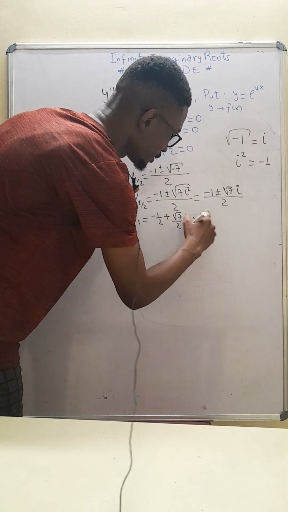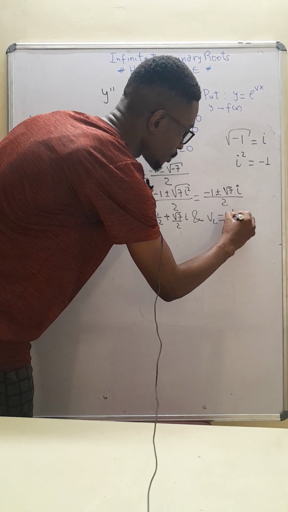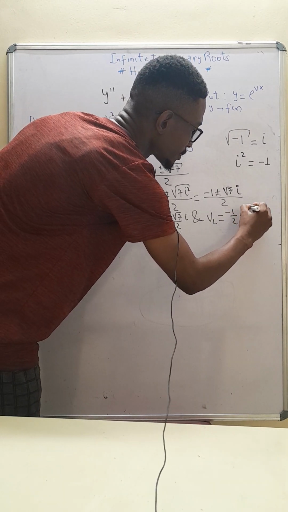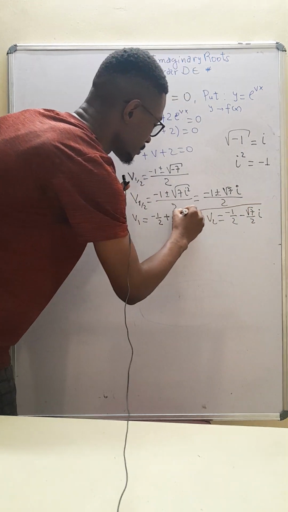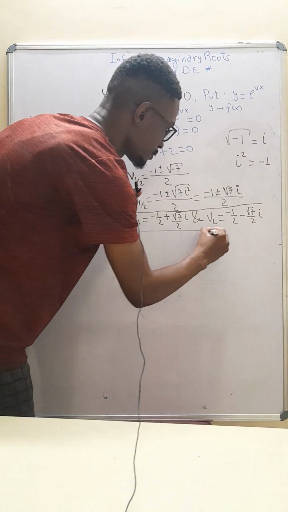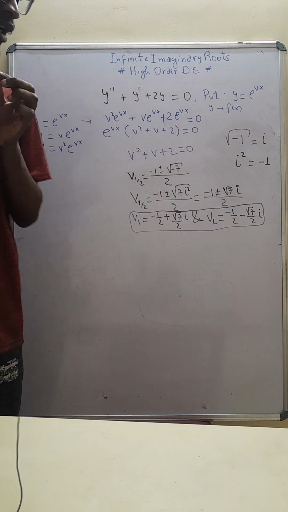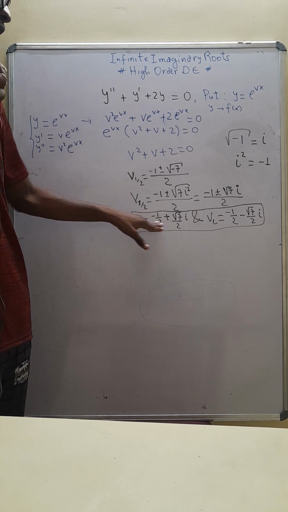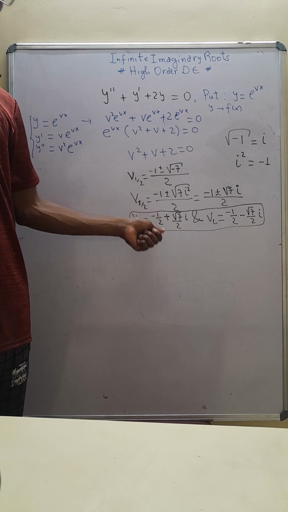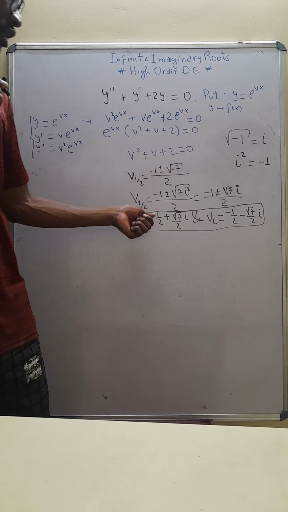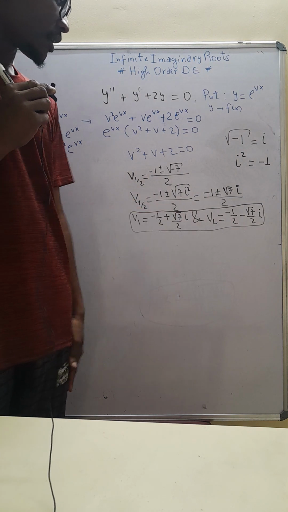Then the other one, x2 is equal to minus 1 by 2 minus root 7 by 2 times i. This is the solution. Now see, here we have a complex number where this first expression, minus 1 by 2, is the real part, and this one is the imaginary part. The real term and the imaginary term.